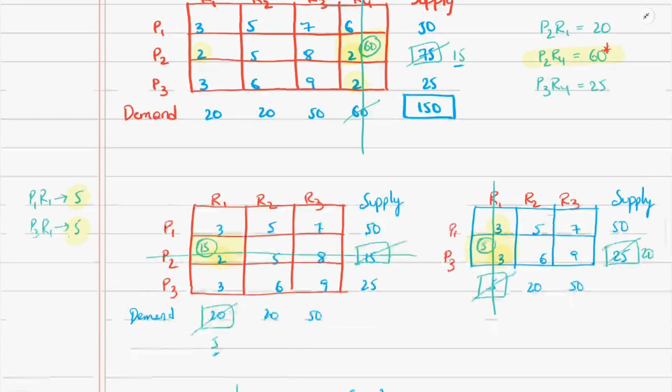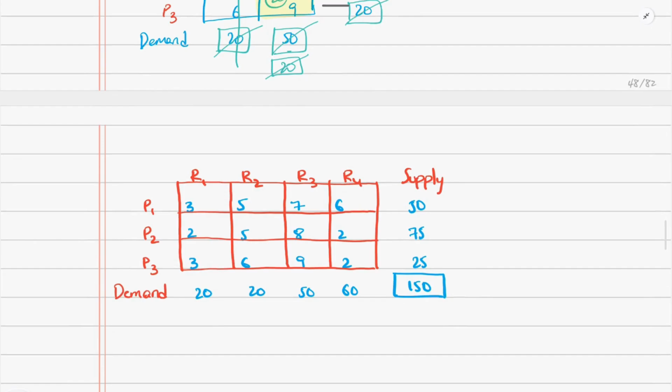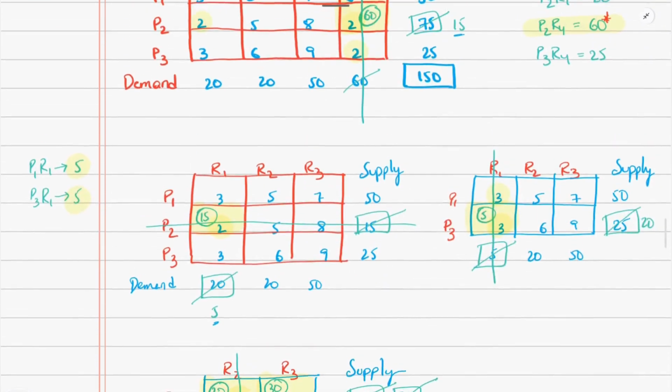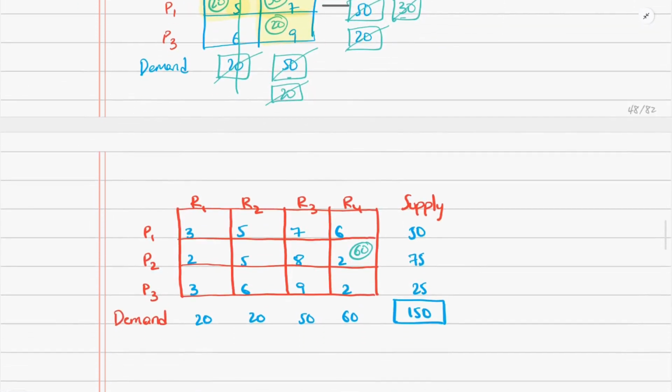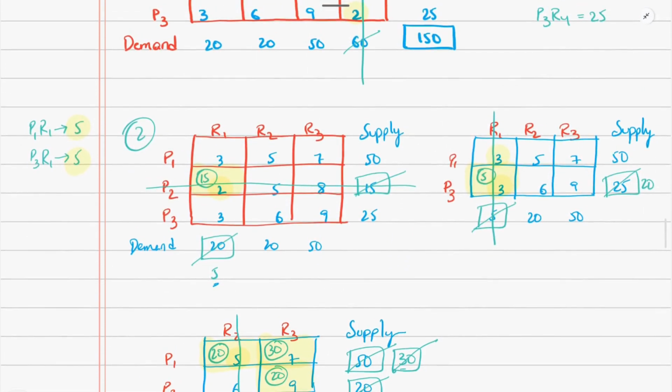We have allocated 60 units. And in the second table, what did we do? We allocated 15 units from P2 to R1. Now in the third table, we made one allocation from P3 to R1, 5.